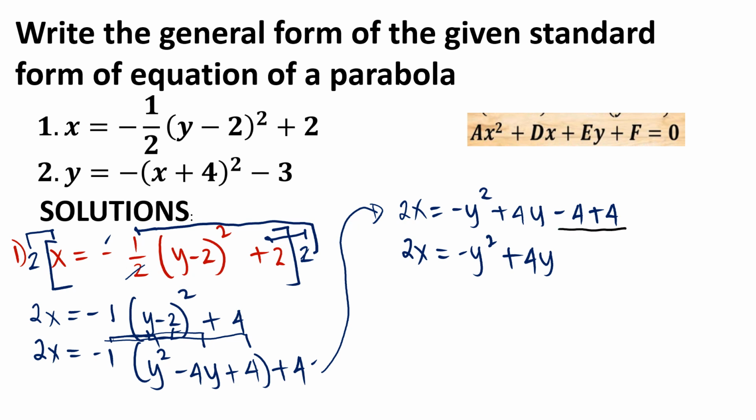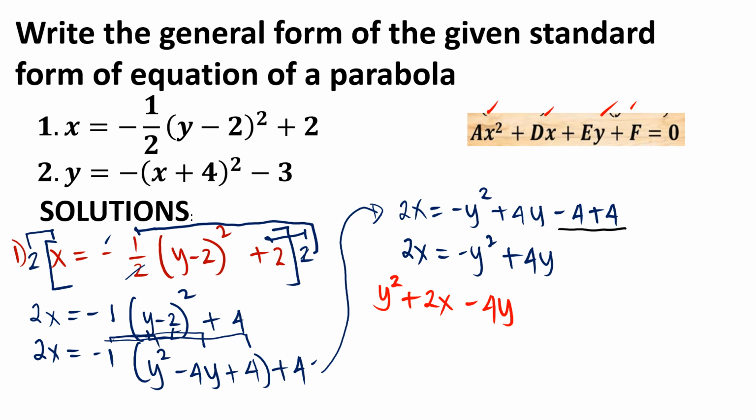After that, as we consider the notation, we transpose all the terms to the left. The negative y squared becomes positive y squared, followed by the x term, which is the same, positive 2x, and then the y term, which becomes negative 4y.